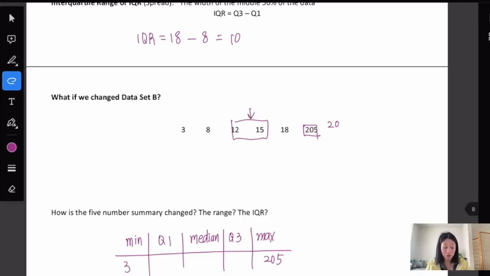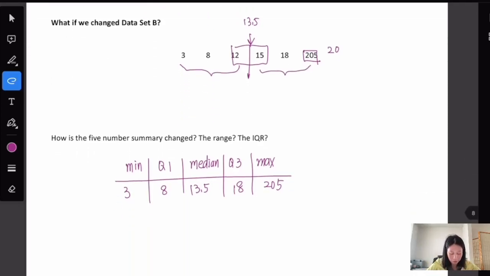The median is resistant to outliers. And then how do we find Q1? Again, since the median is some number that doesn't exist in the data, when we calculate that, we take every number from the median, not including the median, to find the Q1. So in the 3 numbers, the middle number is going to be 8. Similarly for Q3, it's going to be 18.